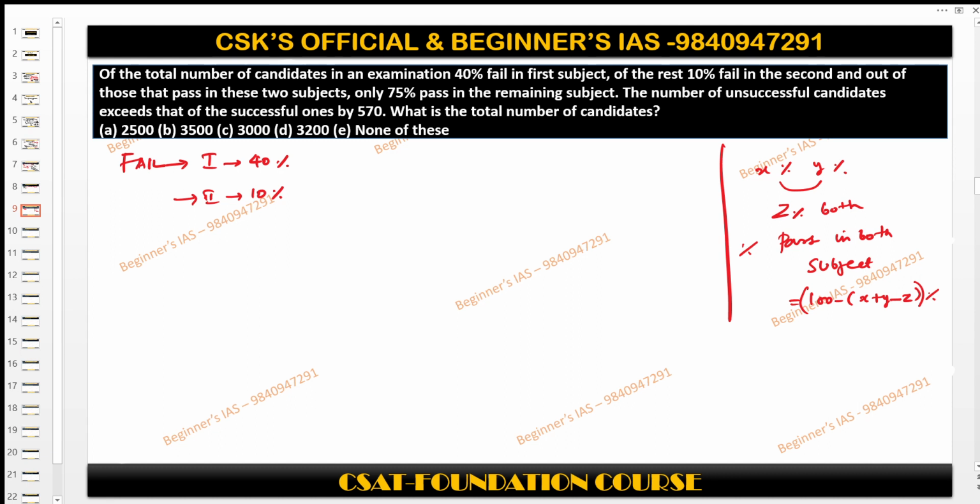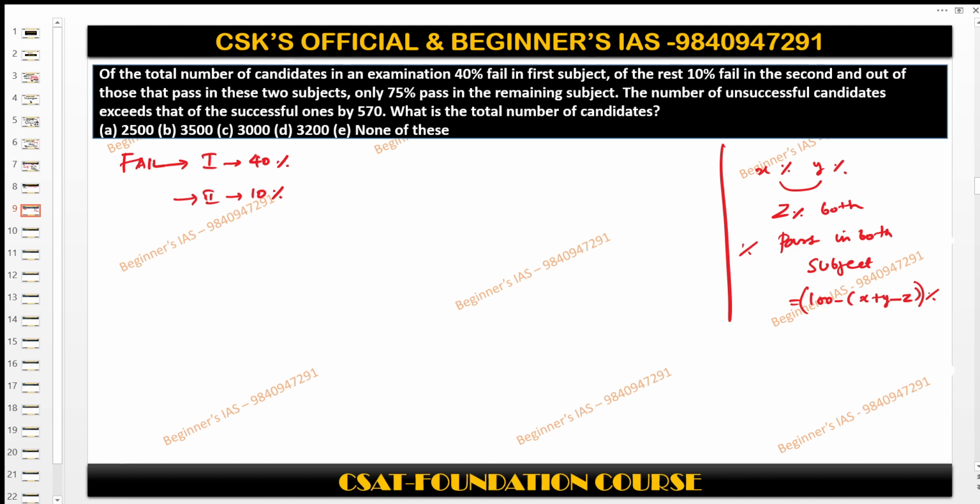Out of those who pass in the two subjects, only 75% pass in the remaining subject. What does it mean? So now you need to calculate the students passing in the two subjects. What is the number of students passing in the two subjects? 60, sir.